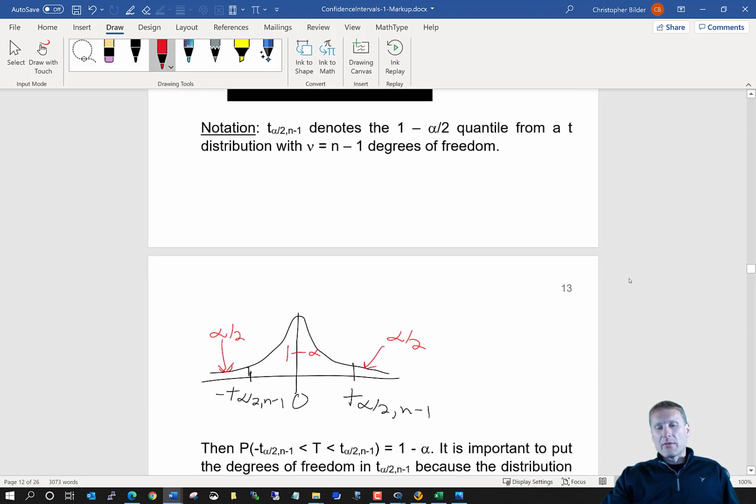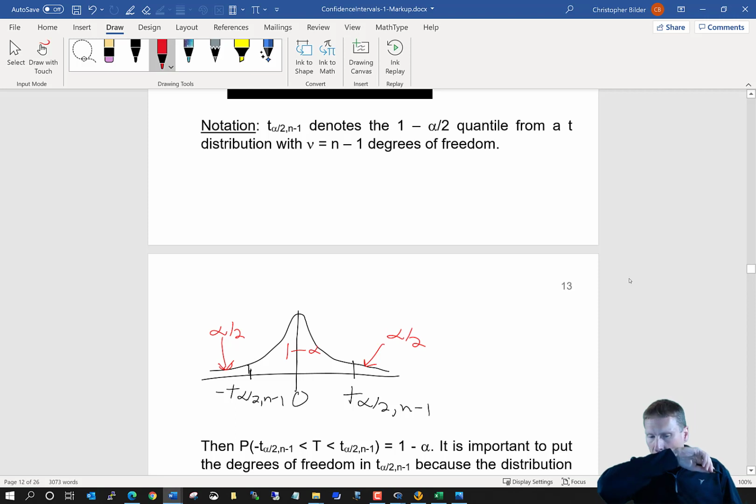Okay, so let's talk about some notation. Similar to what we had with z of alpha divided by 2, we will often want to symbolically denote a quantile from a t-distribution.